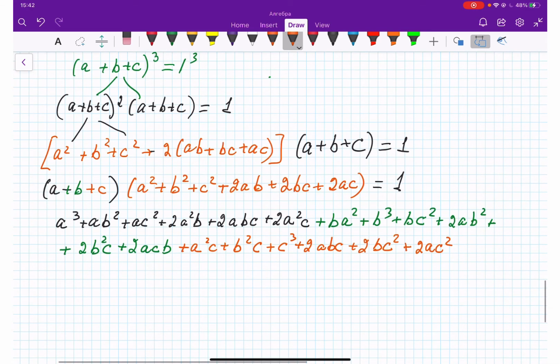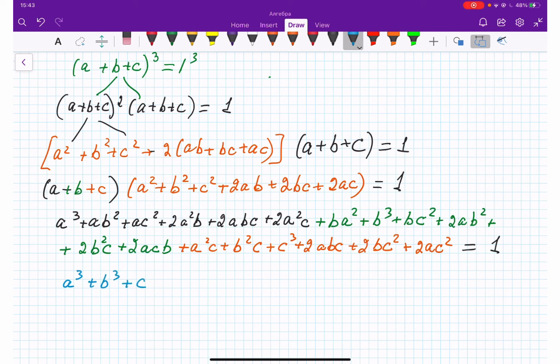Okay, this is what we are going to get. First of all, the cubes, the terms to power 3, don't have any like terms, so I'm separating them right away. Let me write this down, equal to 1, because it is equal to 1. So I'm getting A cubed plus B cubed plus C cubed.